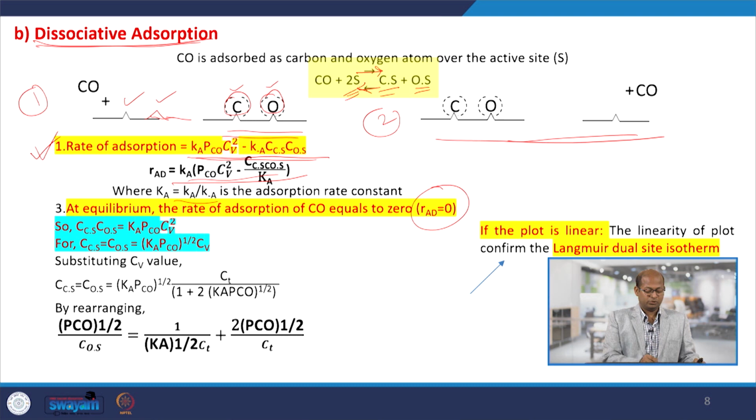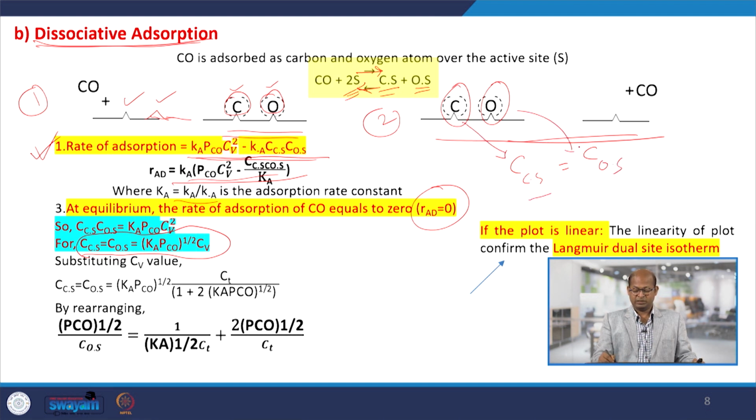So, if we put in the surface concentrations, we can get the surface concentration of C, C_CS, equals C_OS. So, this indicates this, and this indicates this, meaning the oxygen atom that gets adsorbed at the site and the carbon atom that gets adsorbed over the surface site C. So, therefore we have written this.